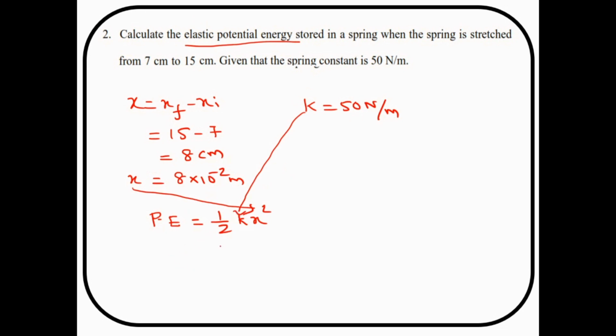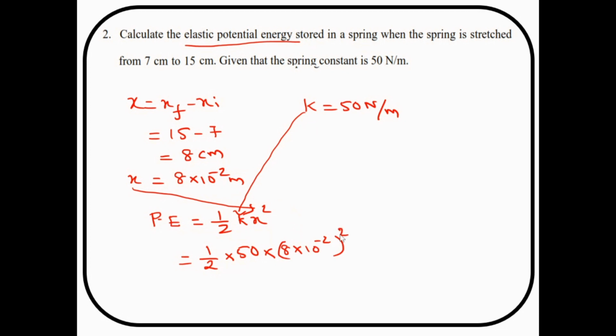After I substitute the values in this equation, the equation will become half multiplied by K, which is 50 Newton per meter, and the x value is nothing but 8 multiplied by 10 power minus 2, the whole square. So I have to multiply and divide by 2.